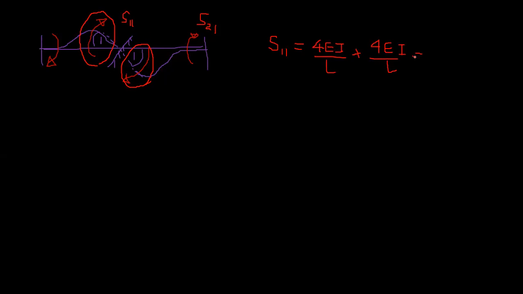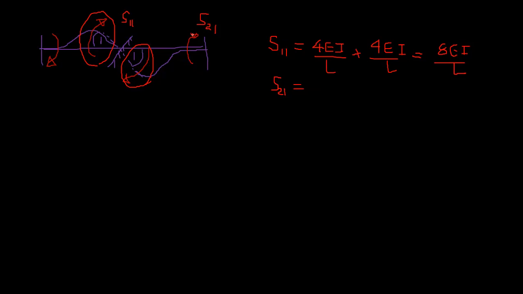That's why this becomes 8EI over L. So your S21, right? S21 for per unit rotation at P becomes, you remember, this is in this direction, this is in this direction.